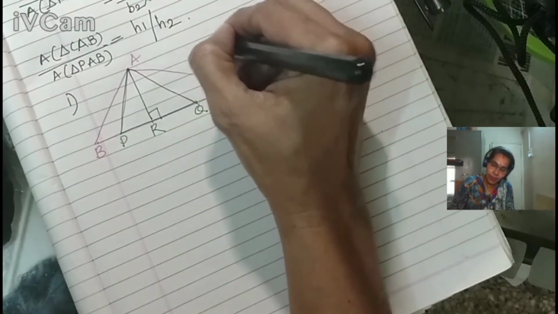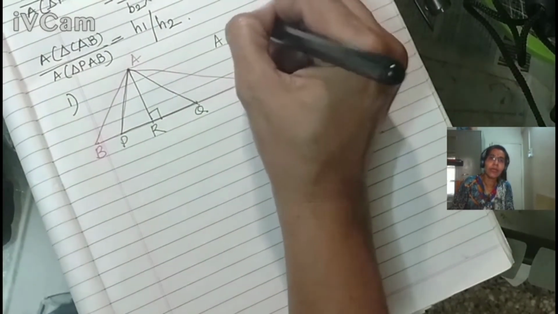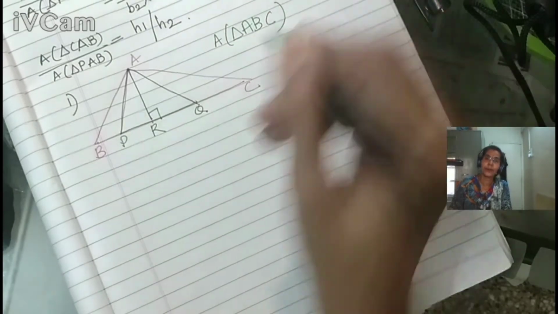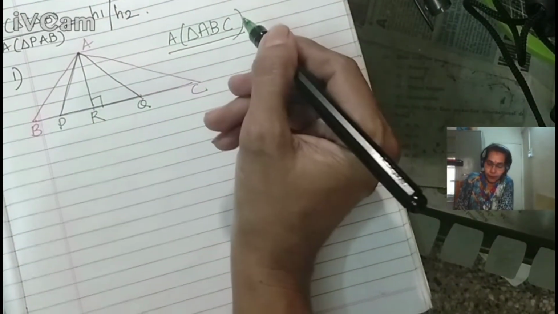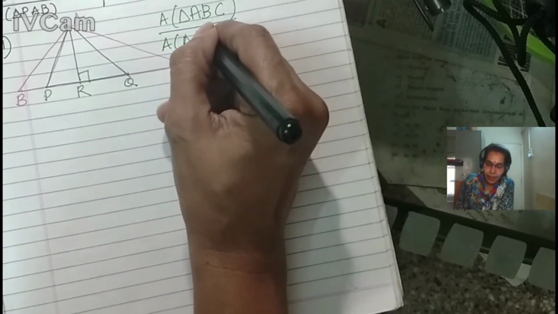If I want to find out area of triangle ABC upon area of triangle APQ.